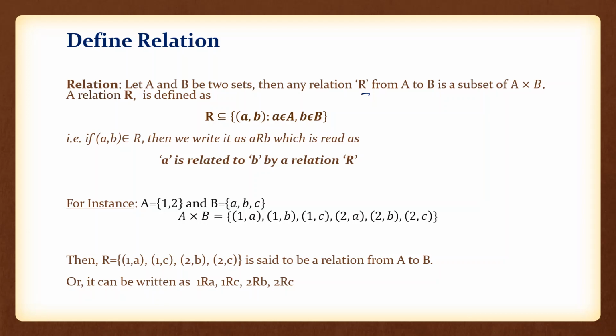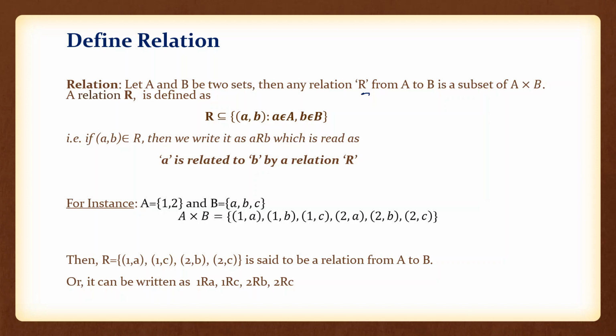A relation from A to B is a subset of A cross B. That means any relation from set A to set B should be a subset of the Cartesian product of A and B.